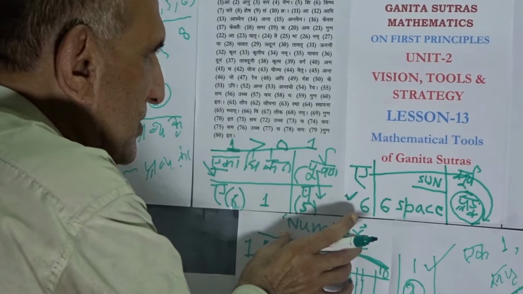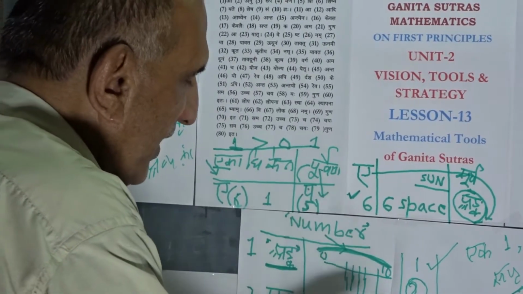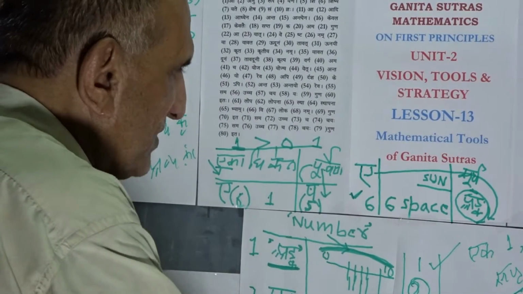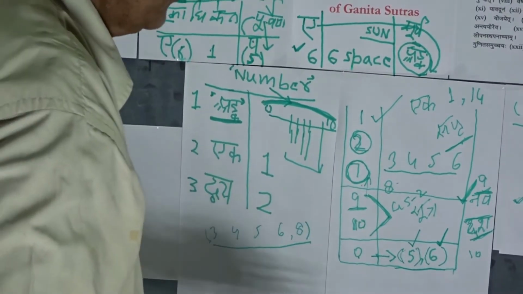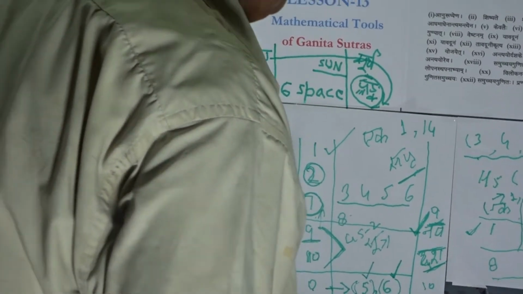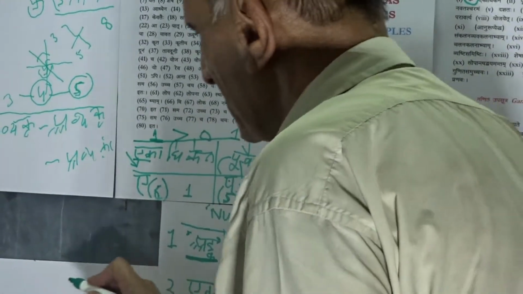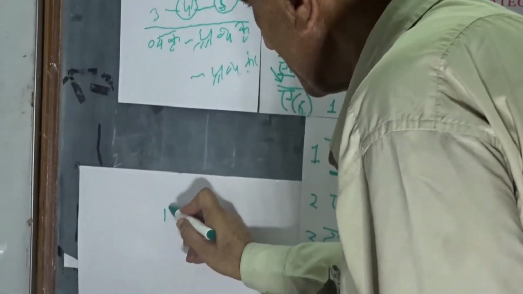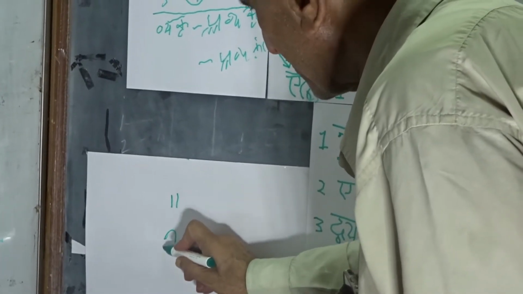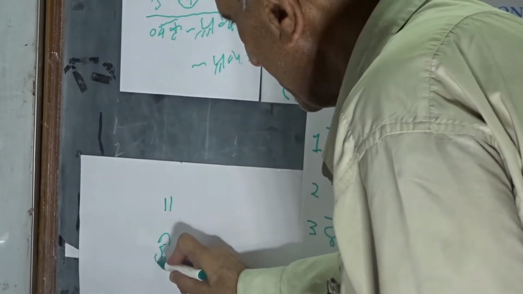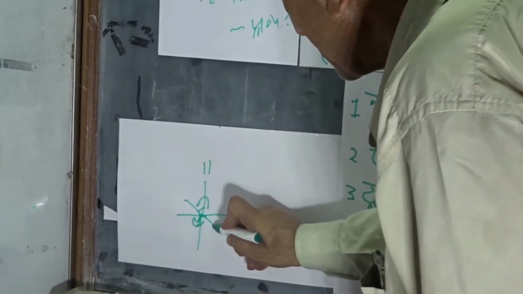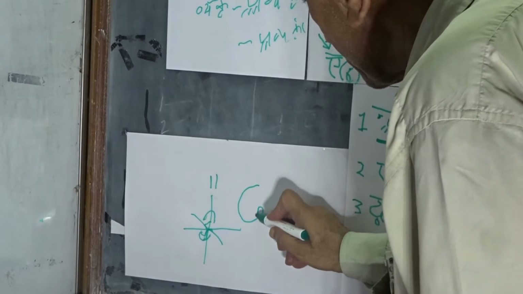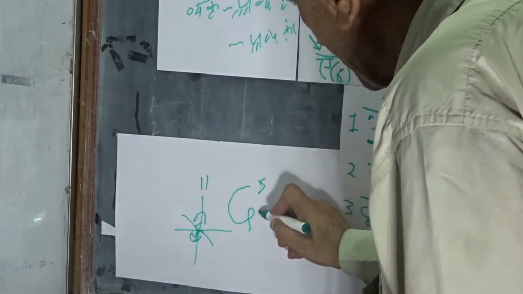Number values are being availed 6 in a manifest form and 5 in unmanifest form. Let us be very specific that 5 space has a range of 11 geometries. There are 11 versions of hypercube 5, 11 geometries of 5 space.